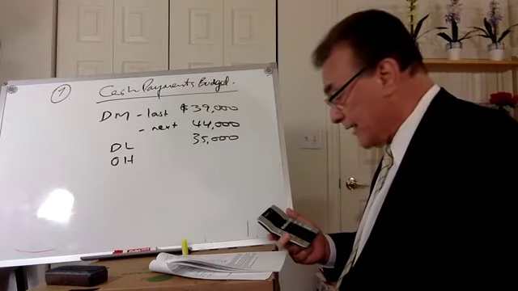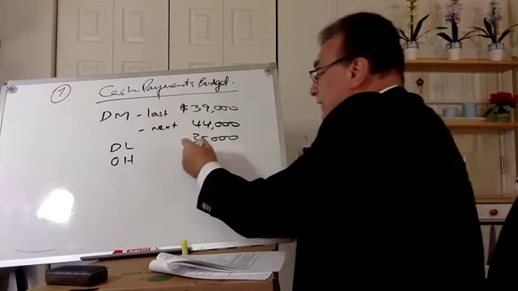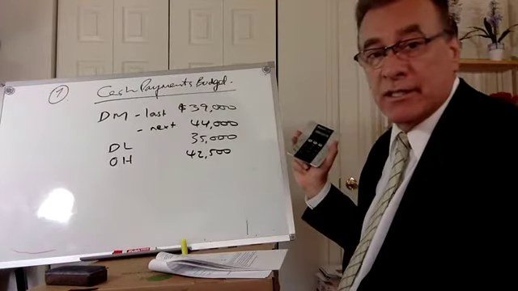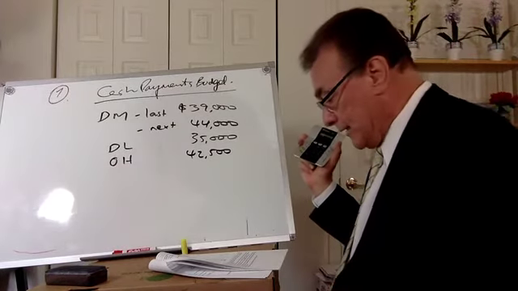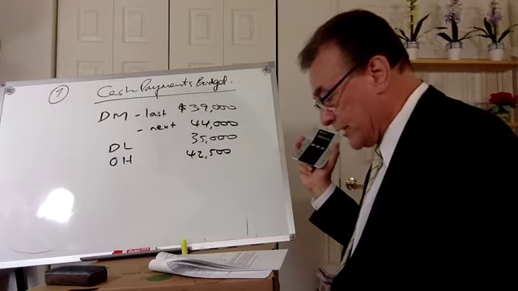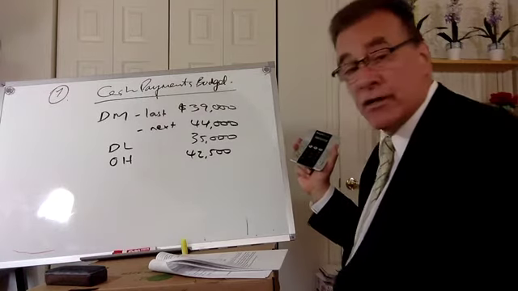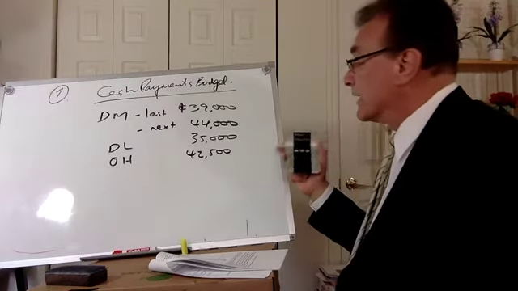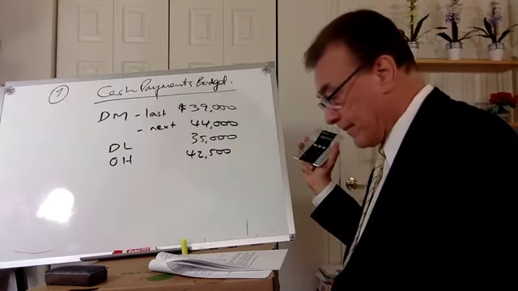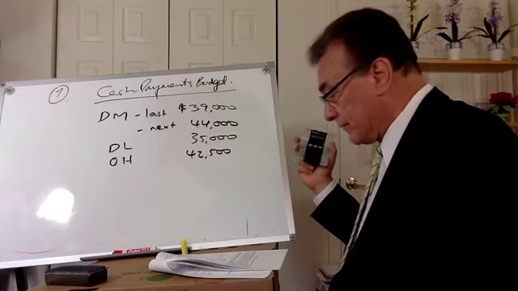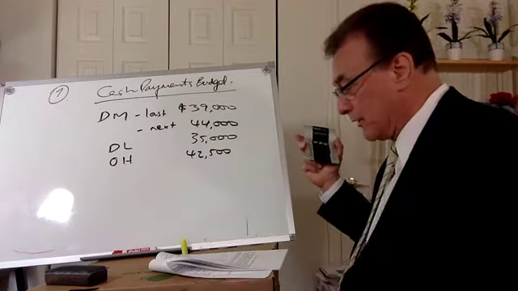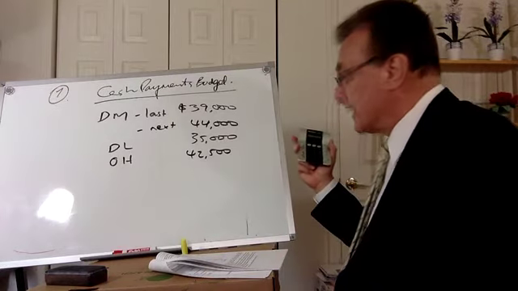So we subtract the $10,000 to get $42,500. Because this is a cash payments budget and we don't pay for the depreciation. Depreciation is the allocation of the cost of an asset over its estimated useful life, and we don't pay for that in cash. We don't write a check out for depreciation. So it's $42,500, which is a $35,000 multiplied by 1.5, subtract 10,000.